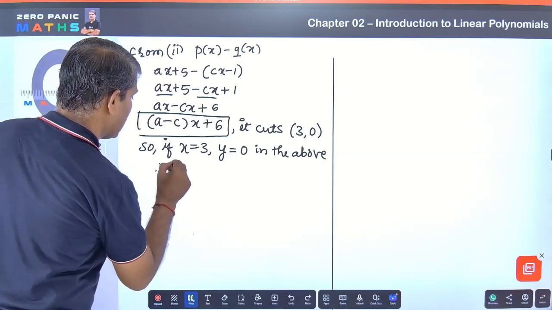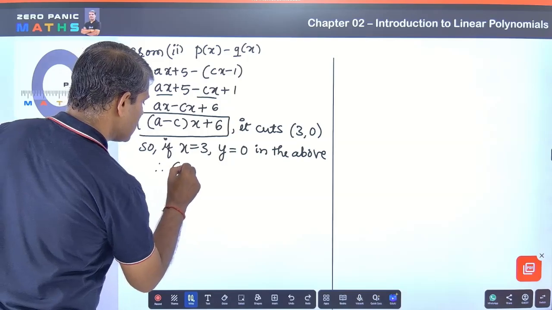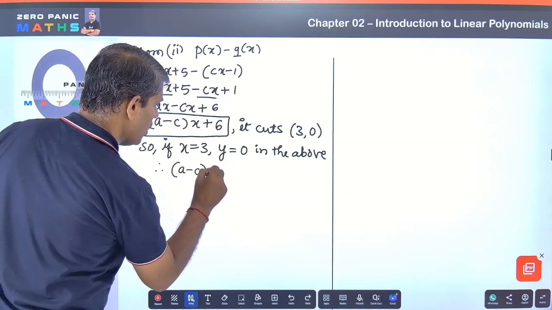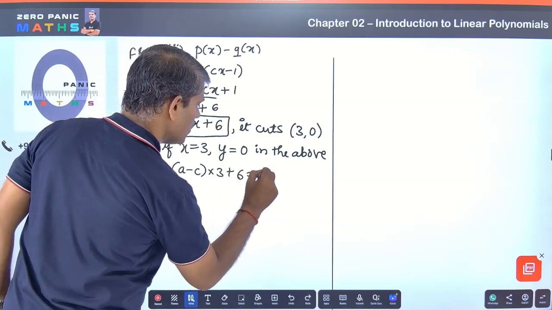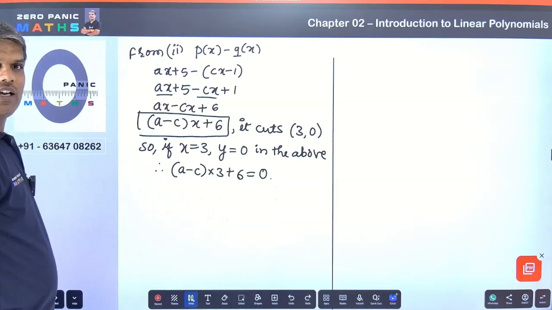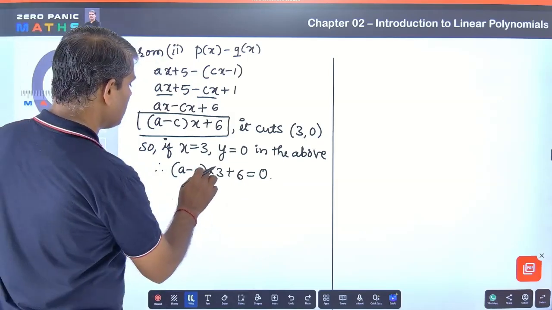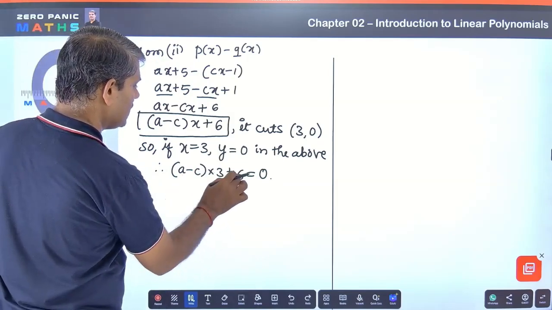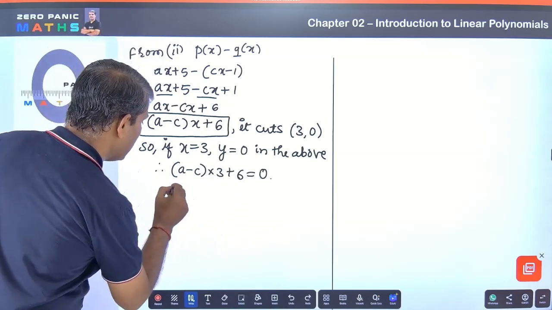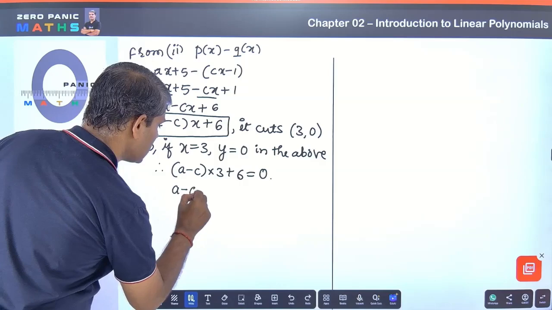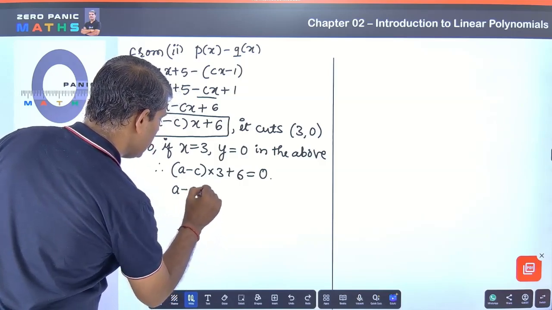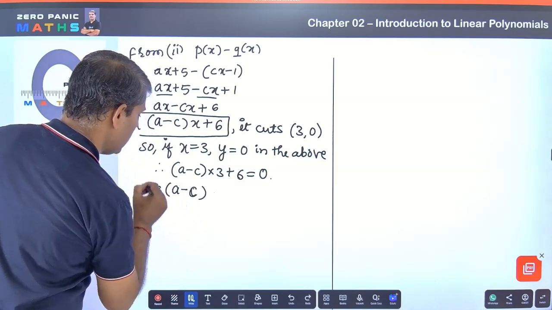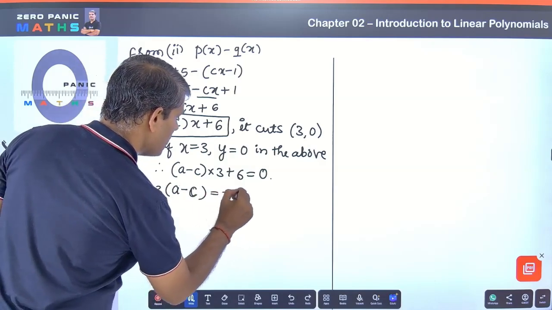Therefore I can say (a minus c) into 3 plus 6 is equal to 0. Correct? Okay, now let me take 6 to that side and I can say (a minus c) times 3 is equal to minus 6.